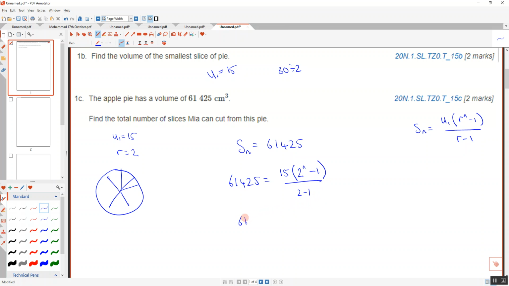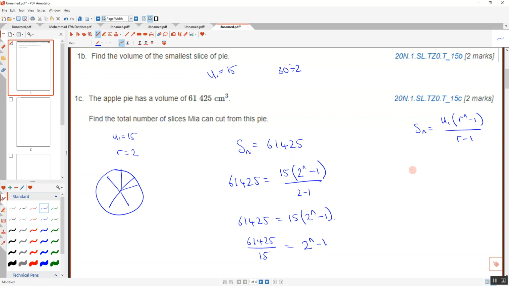So 61425 equals 15 times 2 to the n minus 1. Now this is a non-calc, so I'm going to divide both sides by 15, 61425 over 15 is equal to 2 to the power of n minus 1.